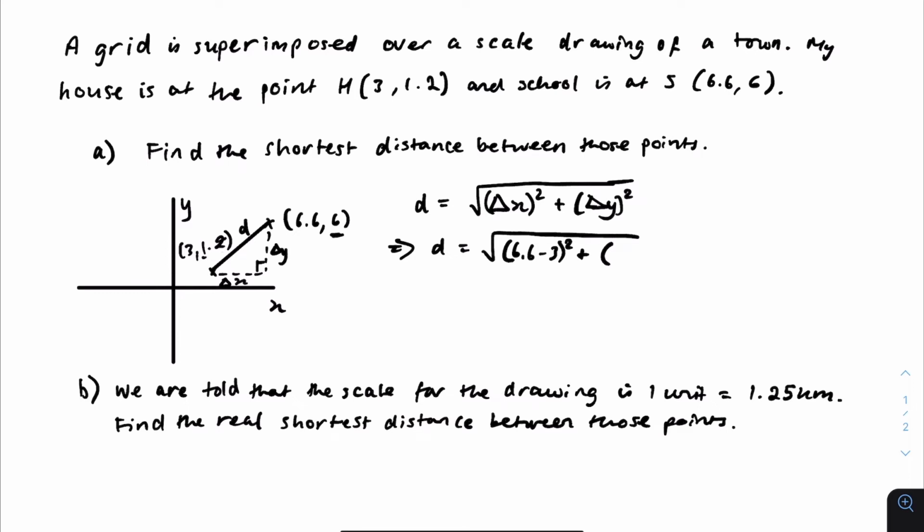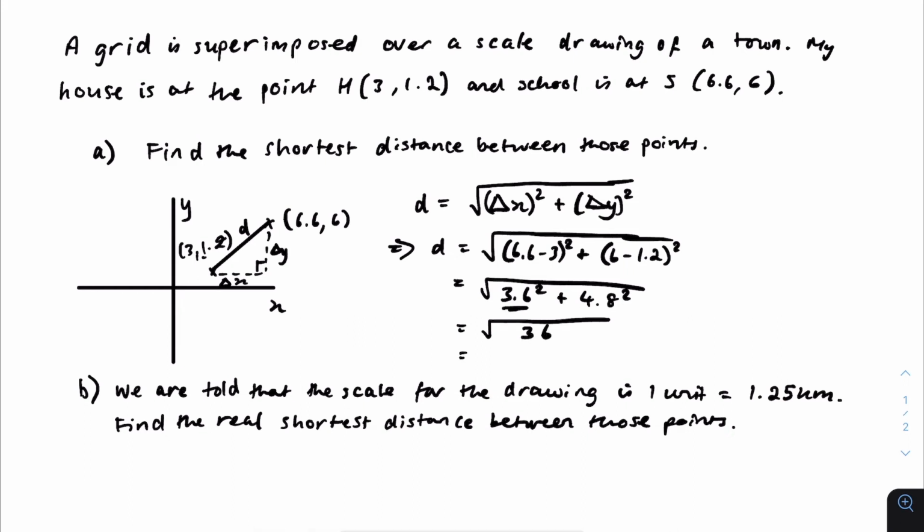So that's 6 minus 1.2 squared, which gives us the square root of 3.6 squared plus 4.8 squared. And when we add up 3.6 squared and 4.8 squared, this gives us the square root of 36. And this gives us D equals 6.